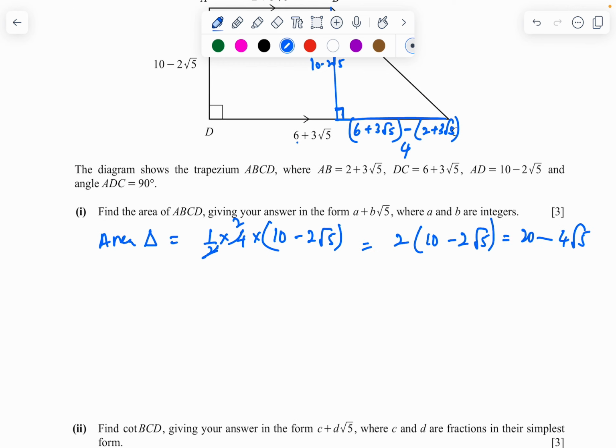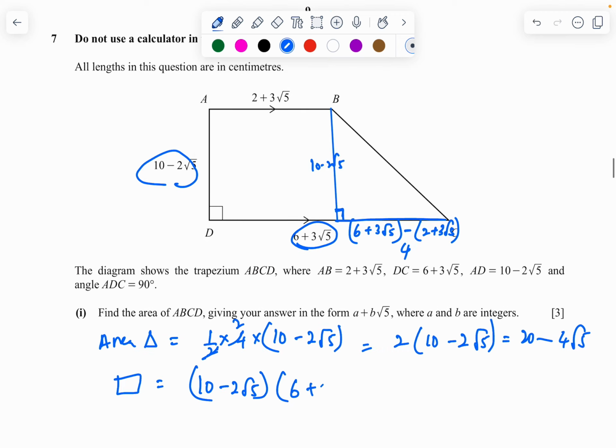Then plus the rectangle. So area of the rectangle, which is 10 minus 2 square root 5 times, no, this is not 6 plus, this is 2 plus 3 square root 5. So this gives me 10 times 2 is 20 plus 3 square root 5 minus 4 square root 5 minus 6 times 5 is 30.